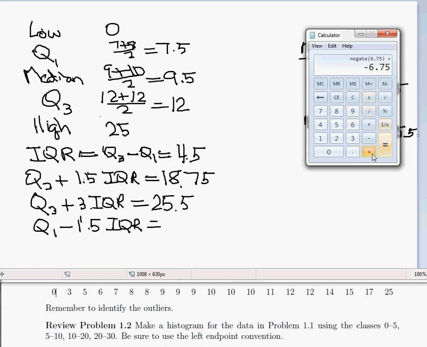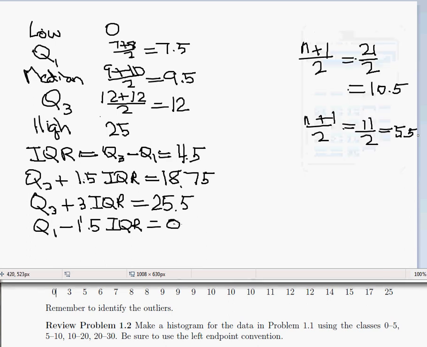So if I subtract that from Q1, which is 7.5, I get 0.75. So that's going to be my cutoff for the possible outliers on the low end of the scale. So we see that 0 will be counted as an outlier. It's not going to be a probable outlier, however.